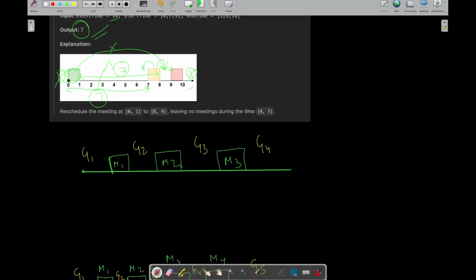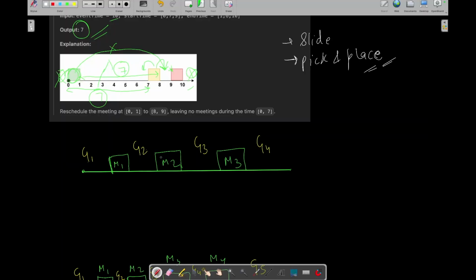There are two cases. Either we can slide a meeting, or we can pick and place a meeting at some other place, and in this case the relative order of meetings will change. Okay, so first see this situation, pick and place.